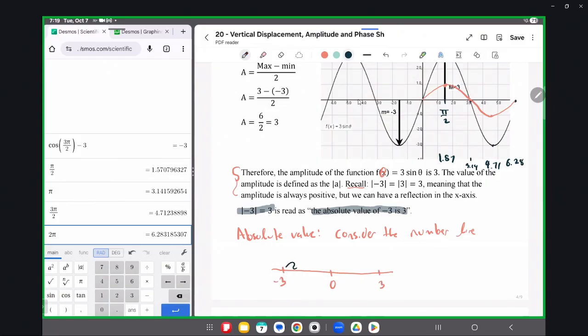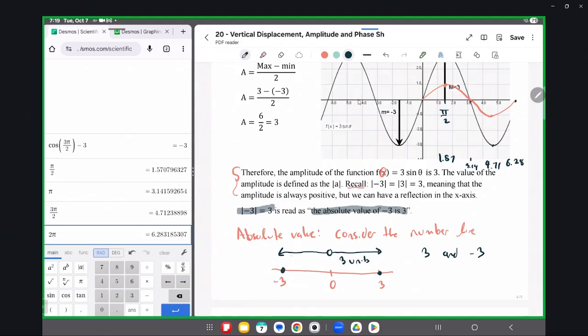So suppose we are interested in 2 points here, 3 and -3. The question becomes, how far from 0 is 3? We would say that is 3 units away. How far from 0 is -3?